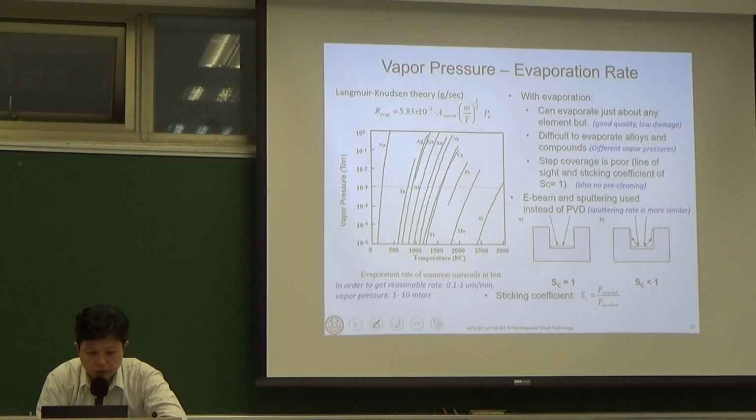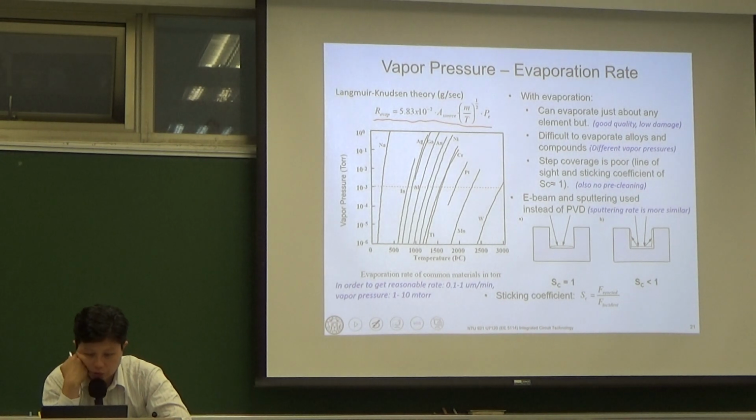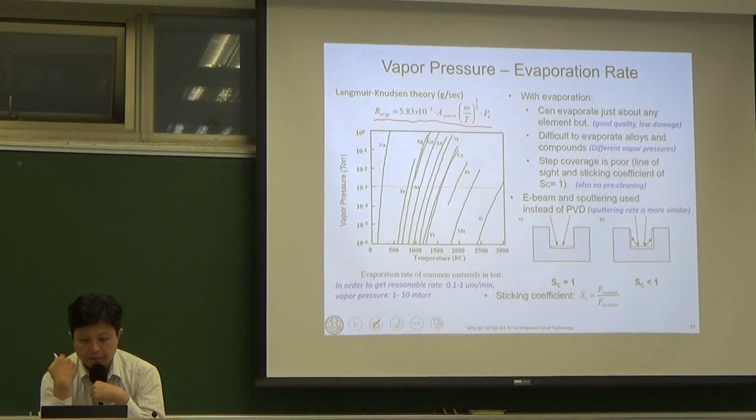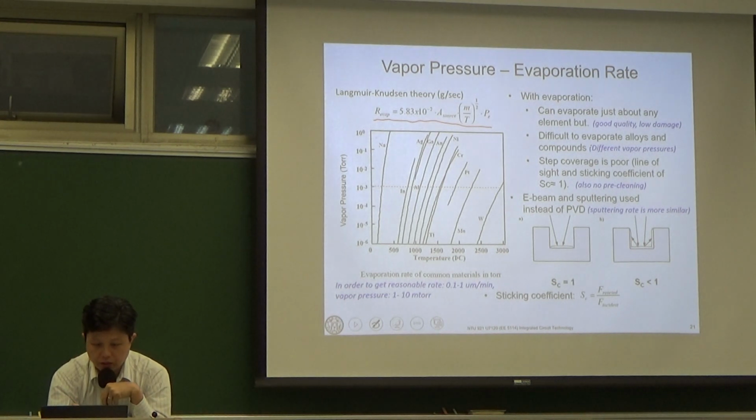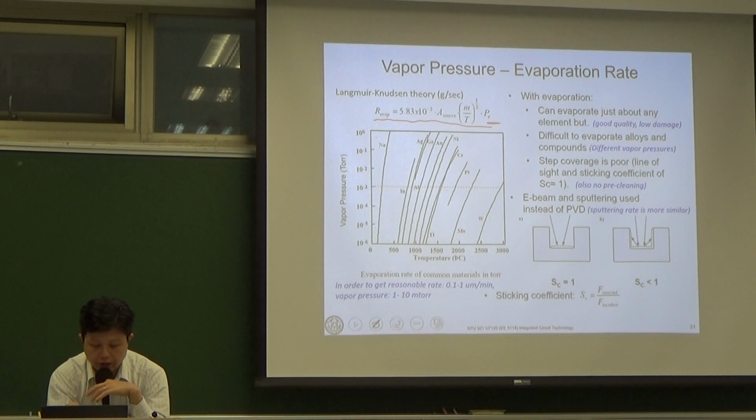Okay. And there's an equation for the evaporation rate, and it depends on the vapor pressure. So in order to get a reasonable rate, let's say 0.1 to 1 micron per minute, we have to maintain a vapor pressure of 1 to 10 millitorr.